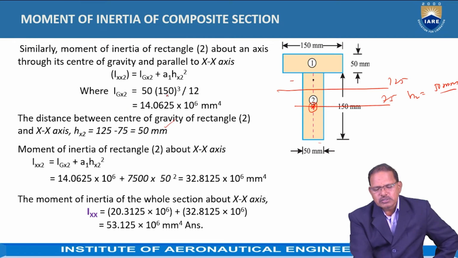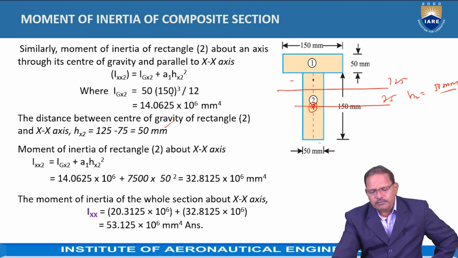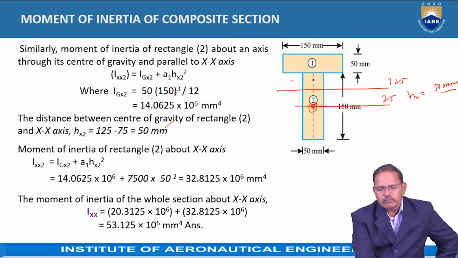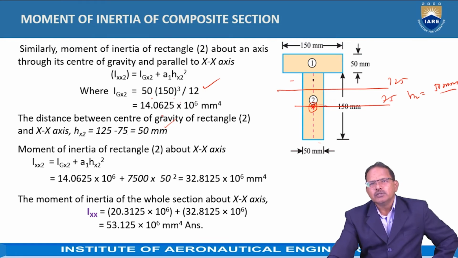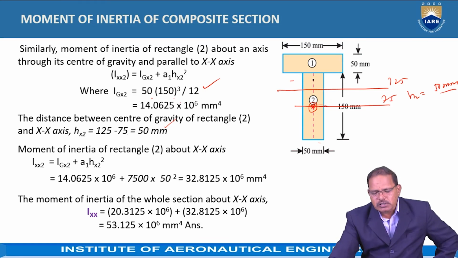So, IGX2, that is the moment of inertia possessed by the second rectangle about the central axis, is equal to, when you are taking horizontal lines like this, it is dividing the 150 mm dimension into two parts, hence it is equal to 50 into 150 cube divided by 12, which is equal to 14.0625 into 10 to the power of 6 mm to the power of 4.